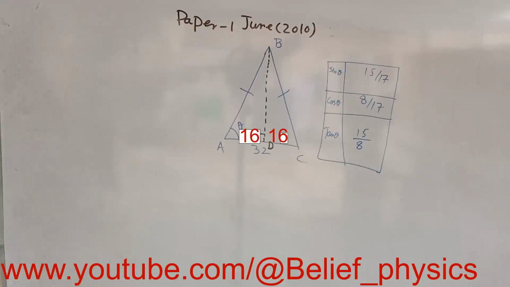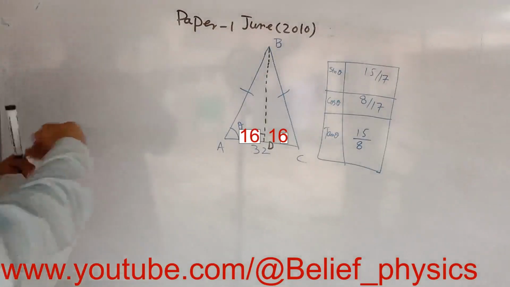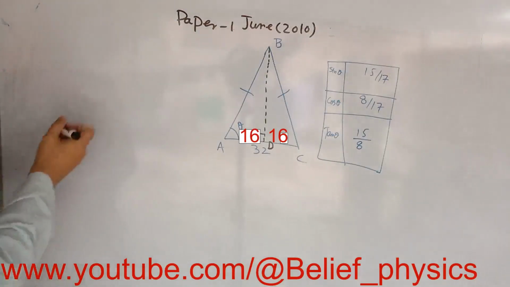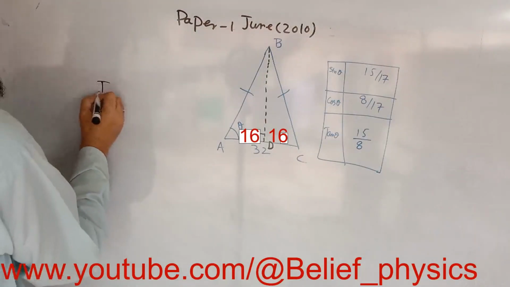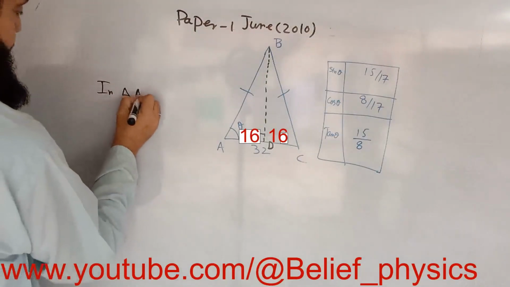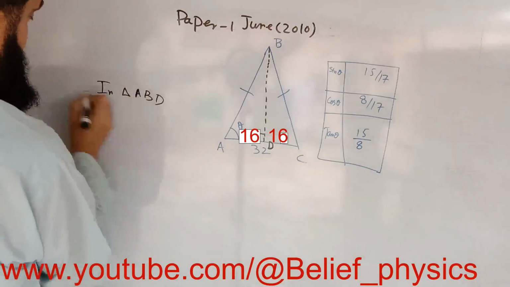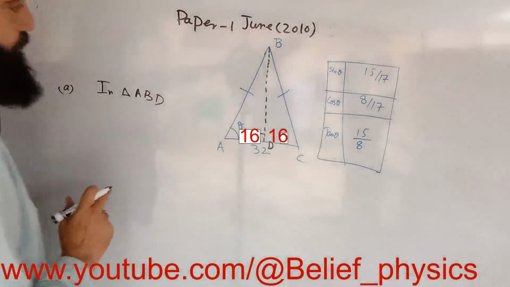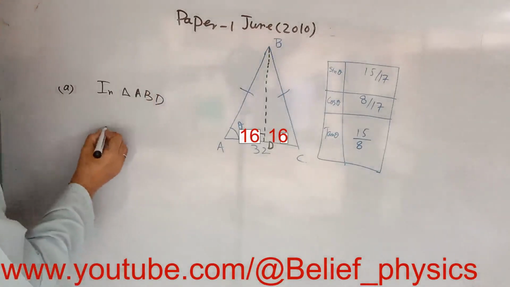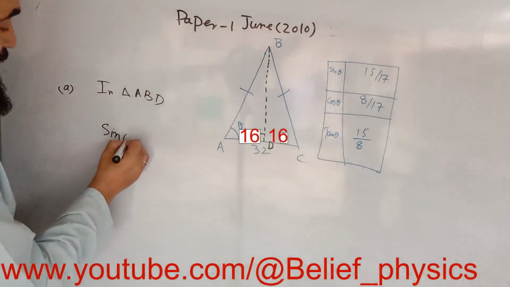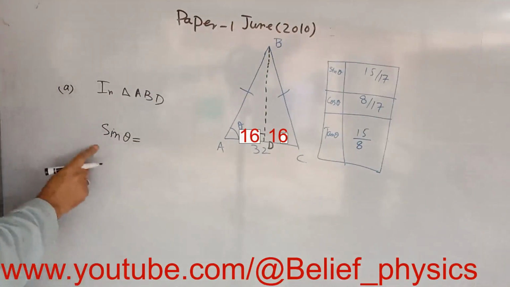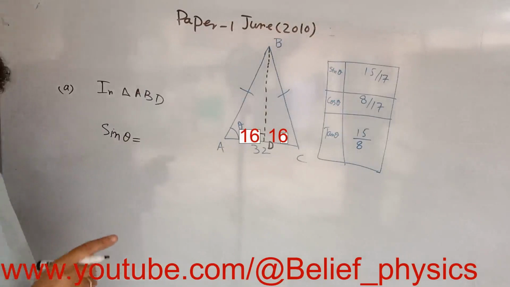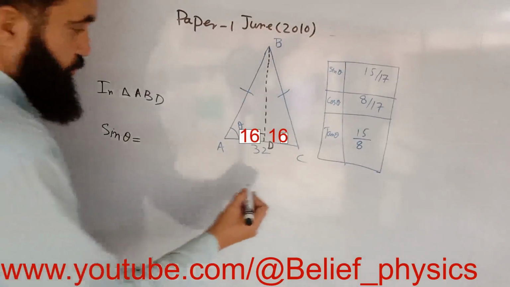So in triangle ABD, this is part A. We have to find AB. What will be sine theta here? Sine theta will be equal to perpendicular over hypotenuse. Some people have curly brown hair through proper brushing. You should know this.